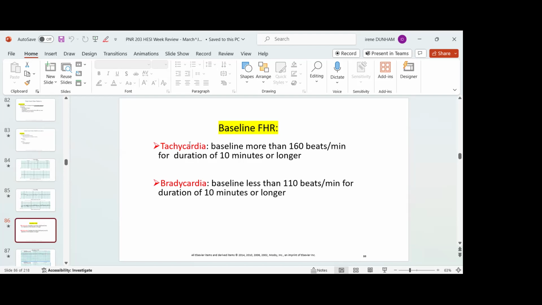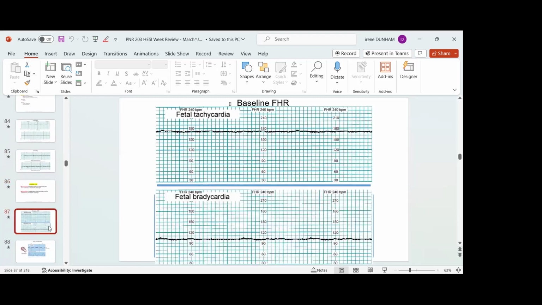If mom took any drugs, it would cause the baby's heart rate to go up. Bradycardia would also mean baby's in trouble, maybe mom's been severely dehydrated. We've got to get the baby out. So here you go. Here's some strips. Here's fetal tachycardia. Remember, 110 to 160 is our norm, and this baby's at what?